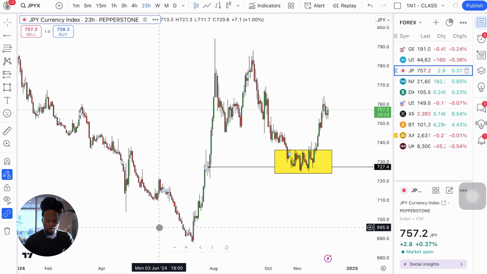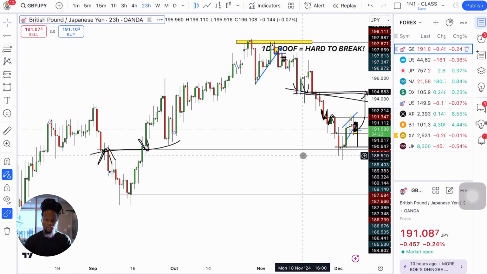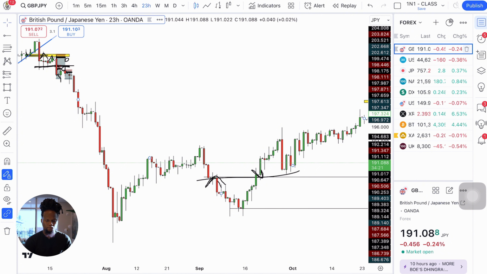Remember, a pip is basically how you measure the distance from one area of the chart to the next area of the chart. For example, from here to here might be pips, might be points, right? Pips and points are all the same thing, just different methods of calculation or value count.